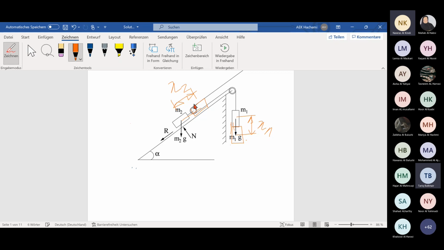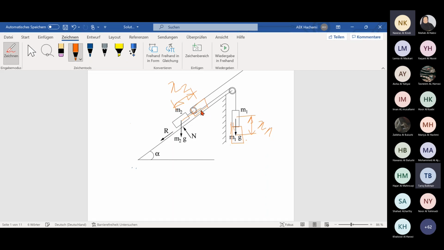But in this case, the total covered distance x1 will be 2 times this distance x2. There is x2 here and x2 here.